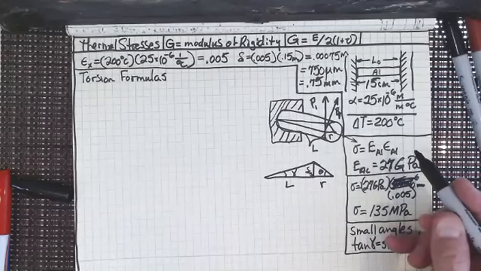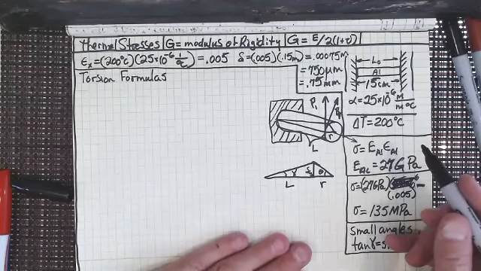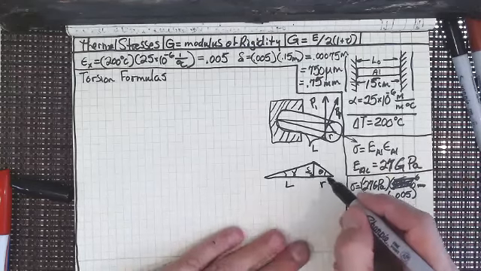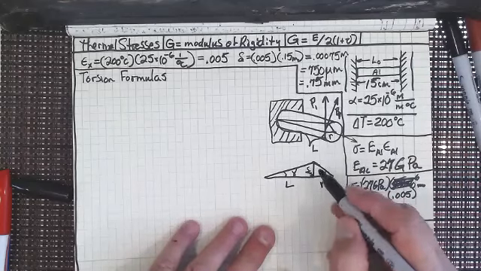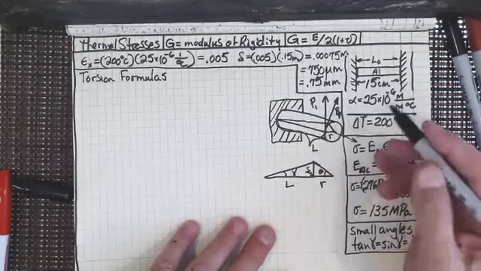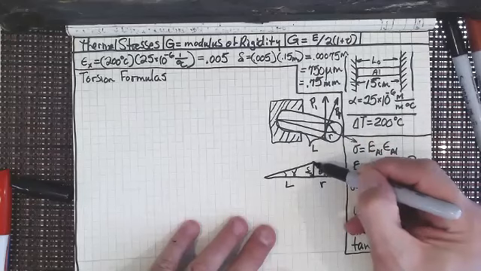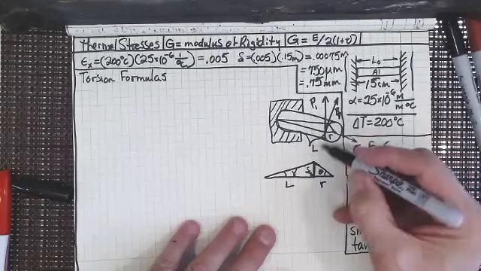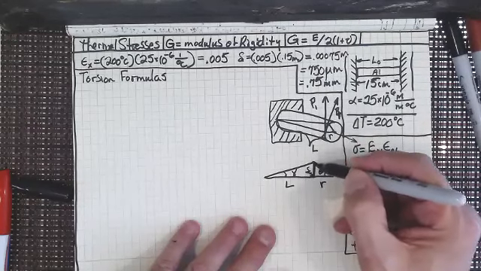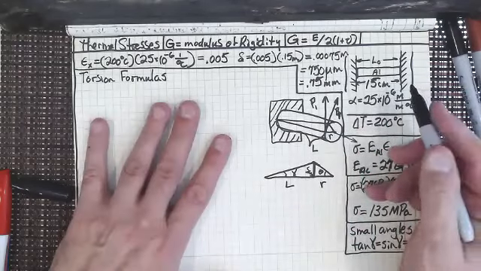So let's do a little algebra. We know that the arc here, since it's very small, we can approximate the distance here as a straight line. We can say that straight line there and the arc are the same.